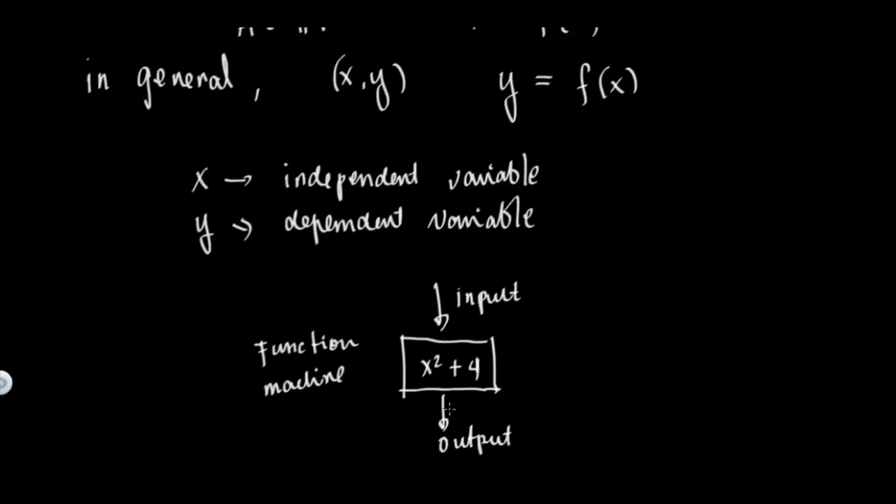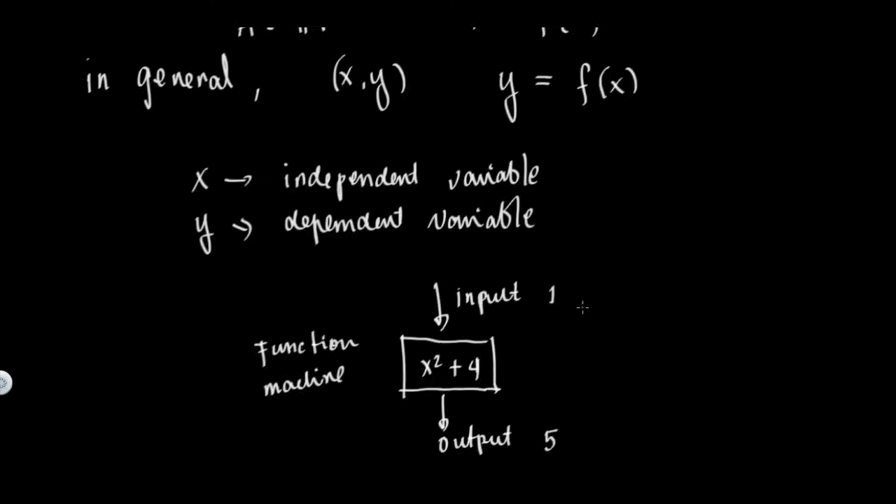Pag may nakita siyang x, i-square niya muna, then add 4. Let's say, lagyan ko ng value which is 1. Yan yung unang input. Isu-substitute niya yung 1 sa x. So, 1 square plus 4. Therefore, ang iyong output is 5.